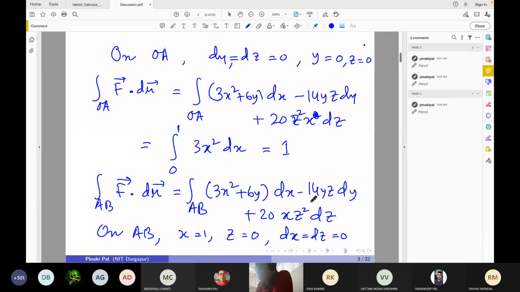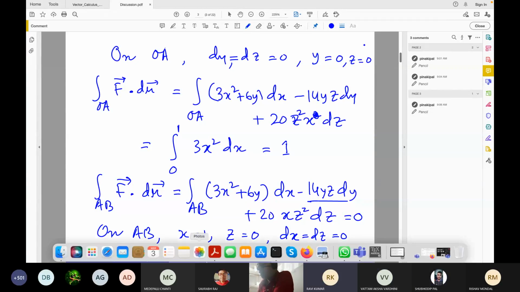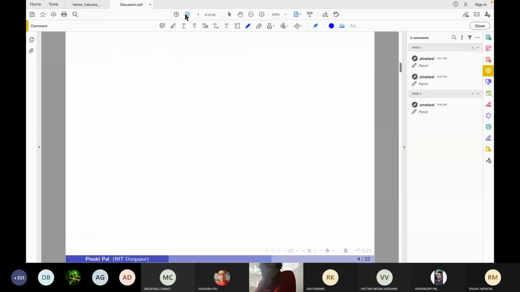So we are left with only this term, minus 14yz dy. Since z is equal to 0, if we plug all this information into this equation, we'll get 0. So the integral over AB is 0. Okay, so now the last part.